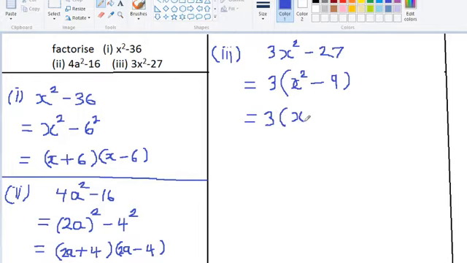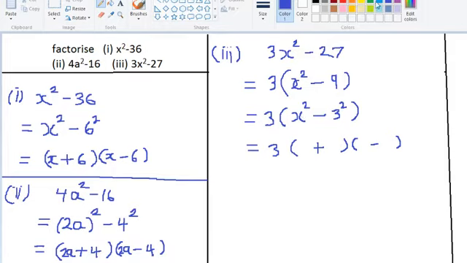So we have x squared subtract, instead of 9, 3 3s are 9, and the square root of 9 is 3. So we can write this as 3 squared. So we now have 3 times. We set our brackets up. One bracket has a plus sign and one has a minus sign.